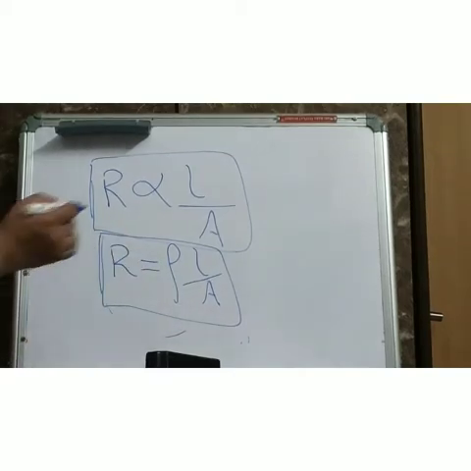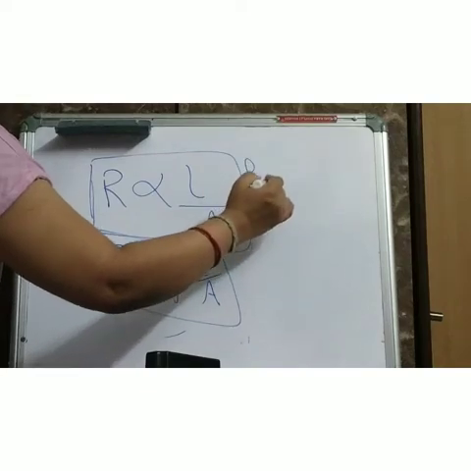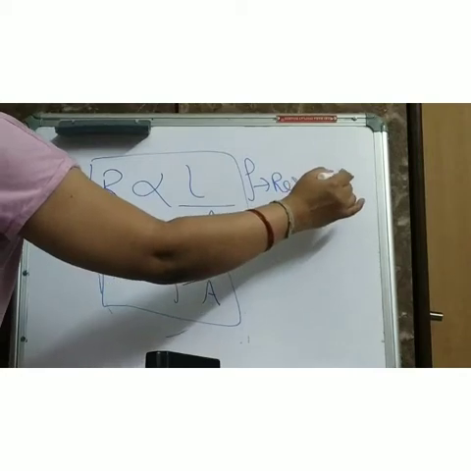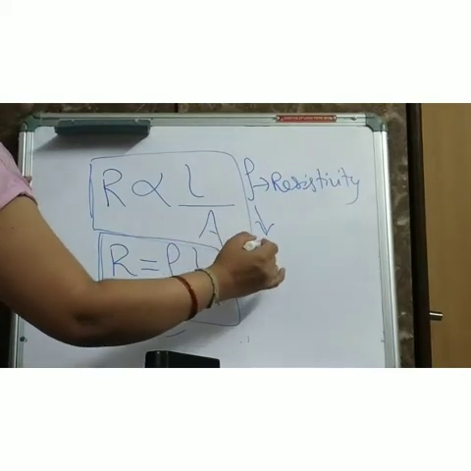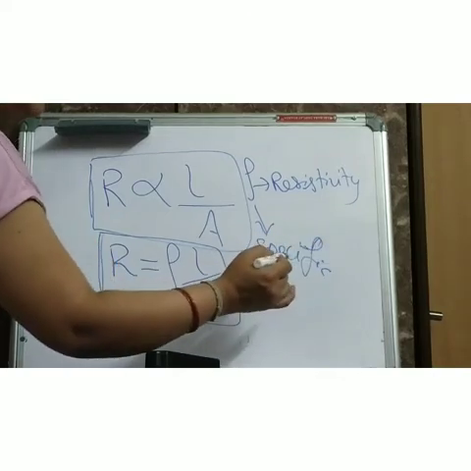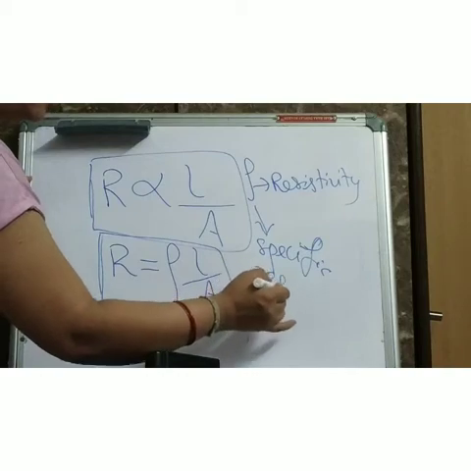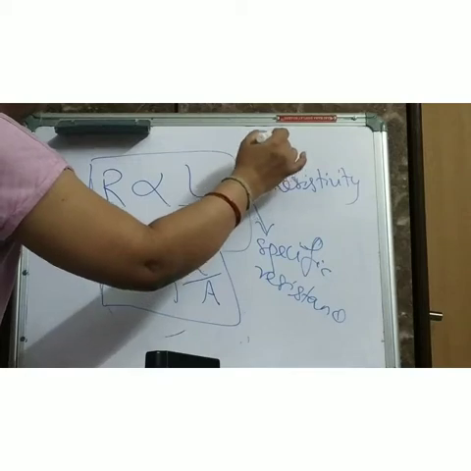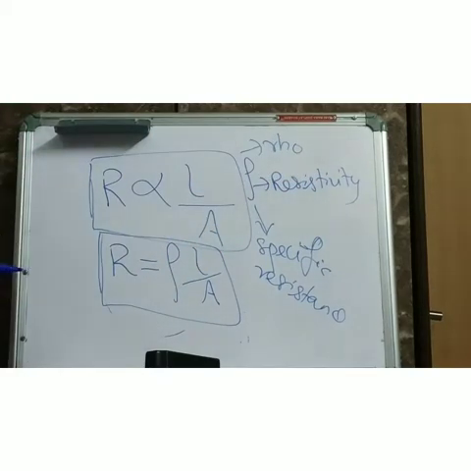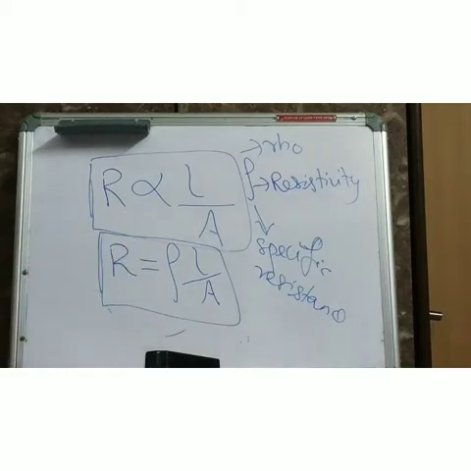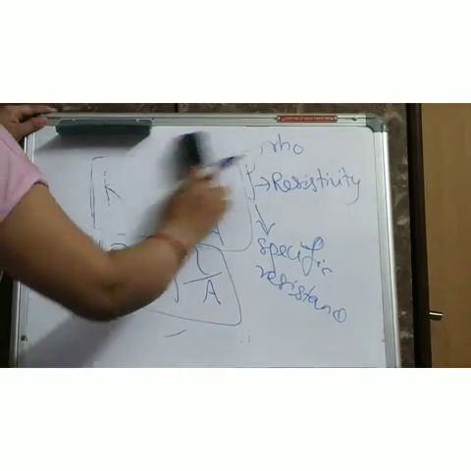Rho is known as resistivity, or you can call it specific resistance. Either you can say resistivity, which is commonly used, or specific resistance. This is rho. Okay. So R is equal to rho L by A. And what is the unit of this rho? How to find out the unit of rho?